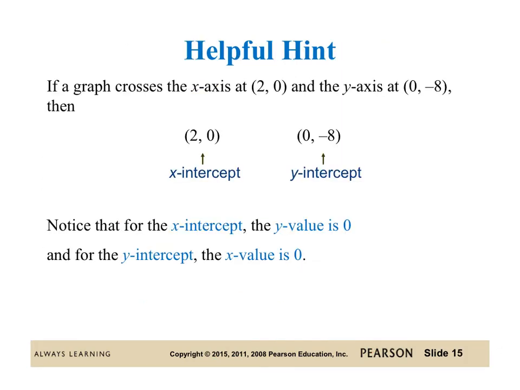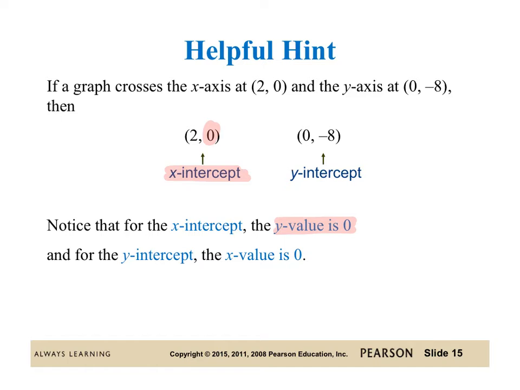So once again, nice hint here. The graph crosses the x-axis at 2, 0. We call that the x-intercept. And when you have an x-intercept, keep in mind that your y value is 0.